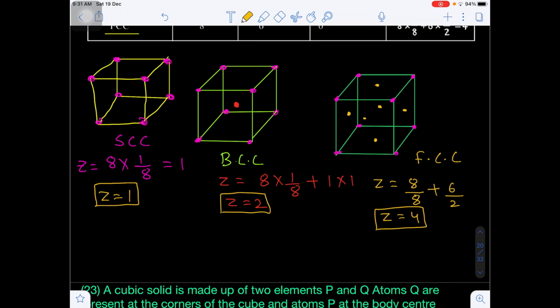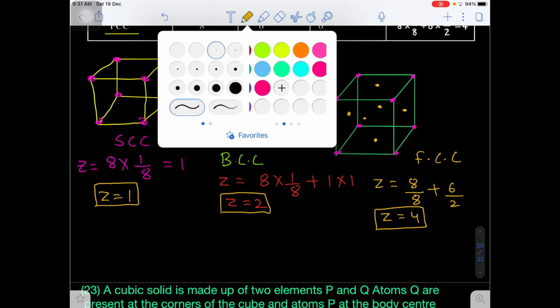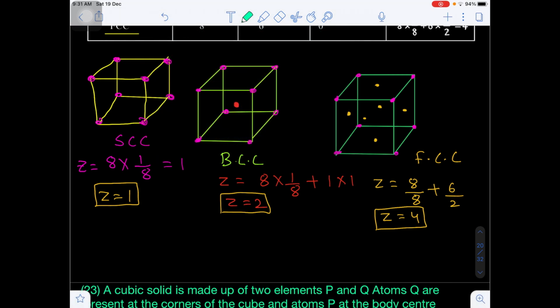Now here I am writing one general formula to calculate the effective number of atoms per unit cell.